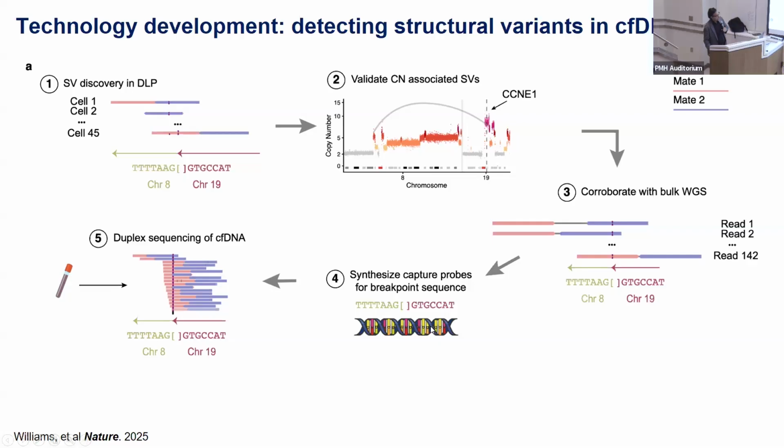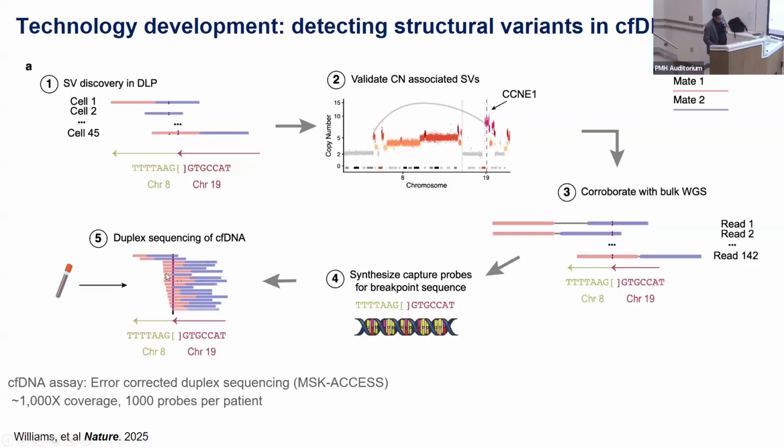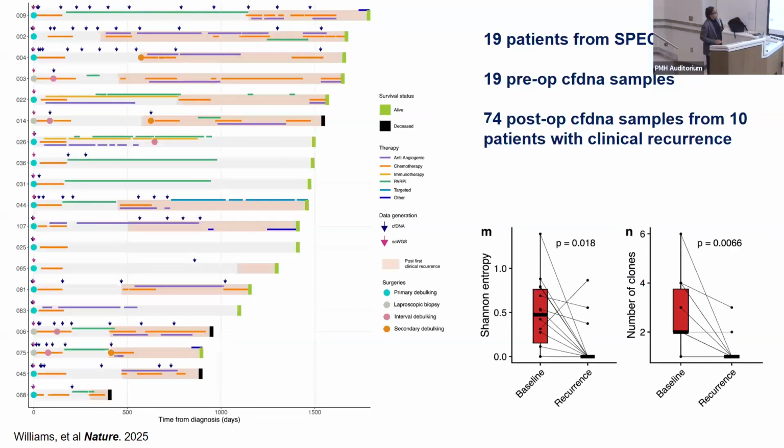We can do this for, say, 1,000 events per patient, and then try to fish them out of the cell-free DNA. We do this for about 1,000 probes and generate duplex error-corrected sequencing down to 1,000x coverage in the cell-free DNA. We did this for 18 patients.